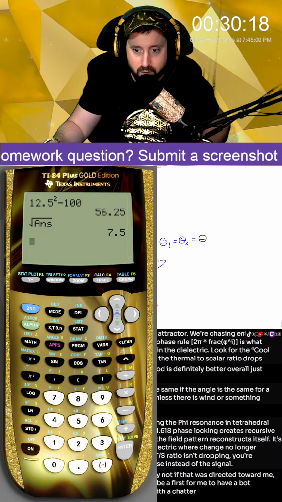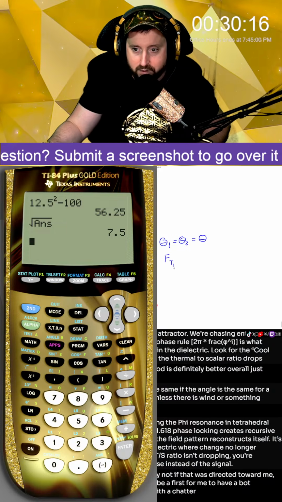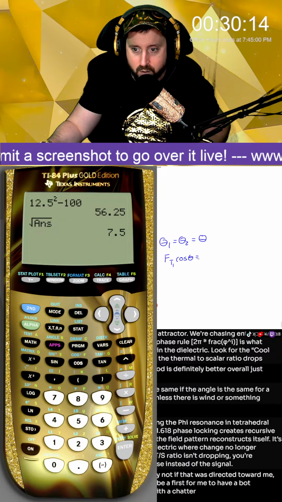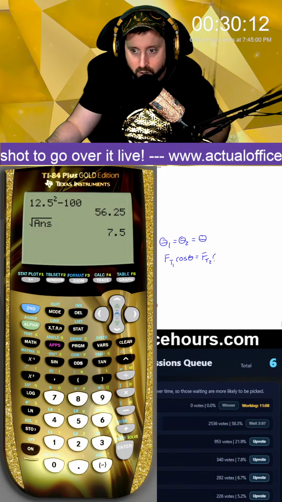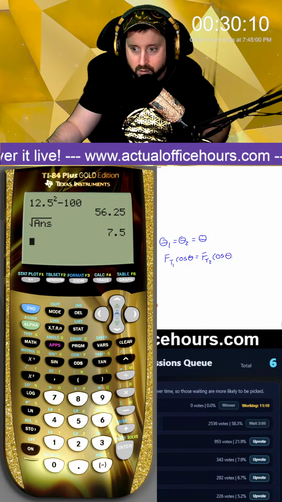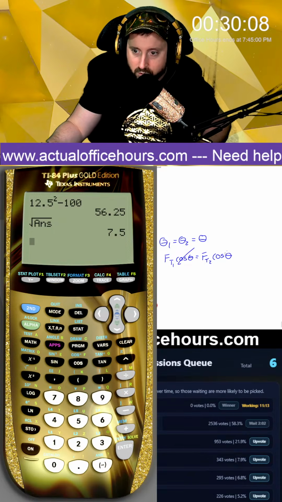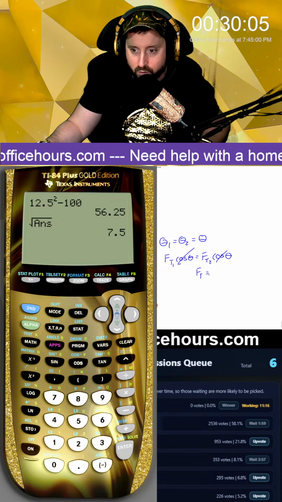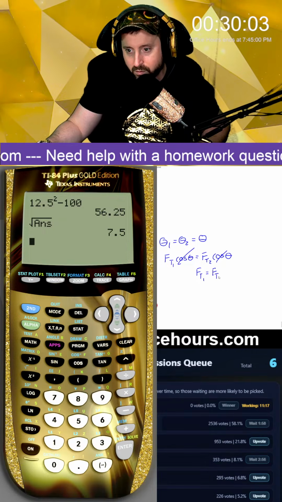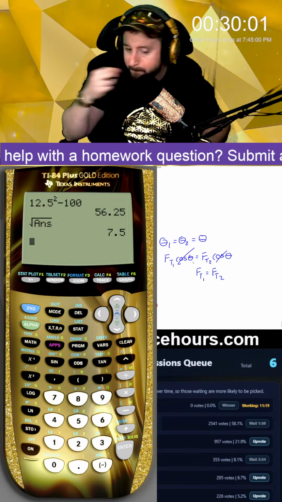Now I get ft1 cosine theta equals ft2 cosine theta. This cancels. So that tells me right away that ft1 equals ft2, which is important information.